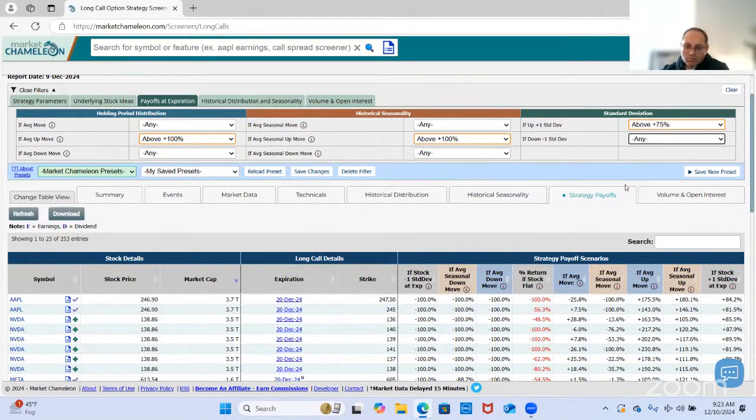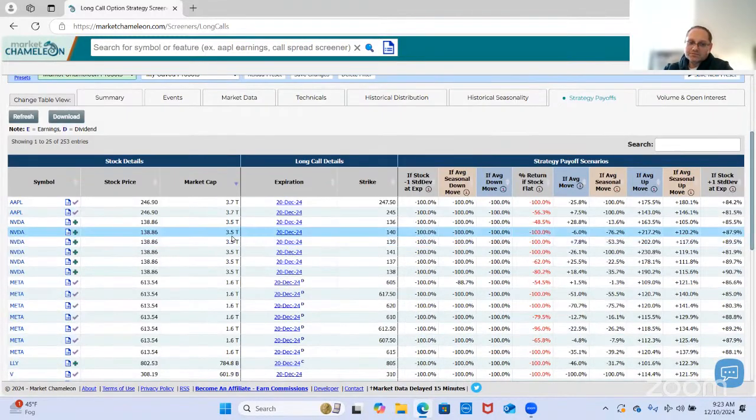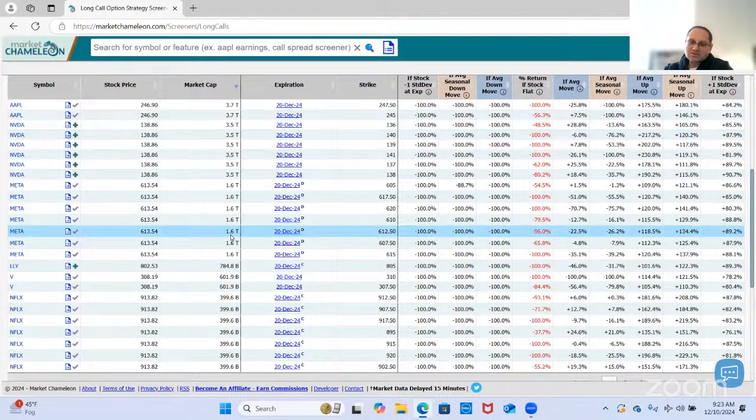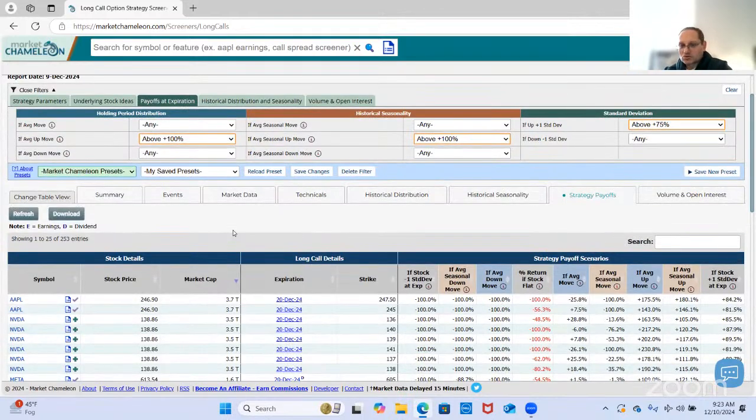That's a starting point. Then you could go and research that call option further, but this is a way to quickly narrow down the potential candidates. Like you see here, just for the December 20th expiration we were looking at, we narrowed it down to 253 candidates from originally over 11,000.